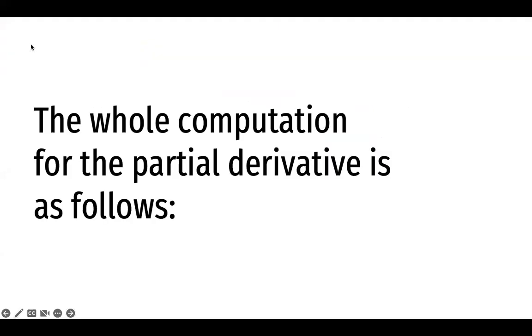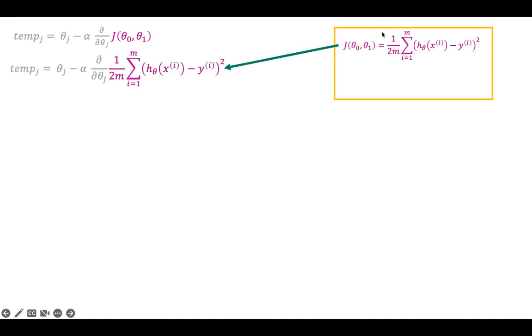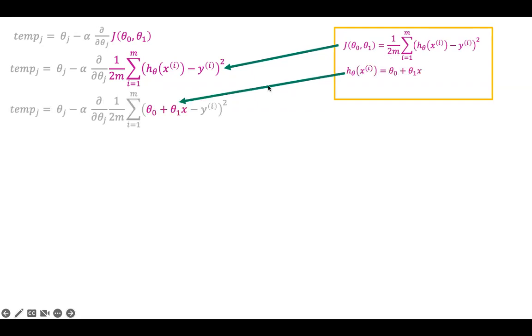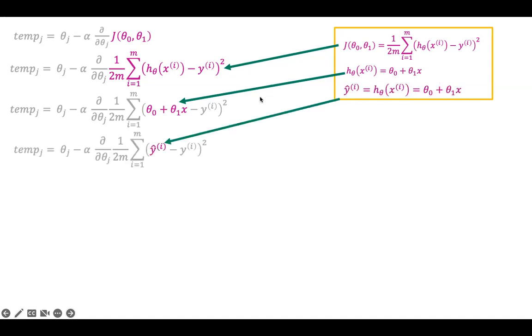Now the whole computation for the partial derivative is as follows. We have theta j minus alpha, the learning rate, times the partial derivative. We know that the cost function is equivalent to this equation, so plugging that here, replacing J of theta with its actual value, and now replacing h of x with theta 0 plus theta 1 x.